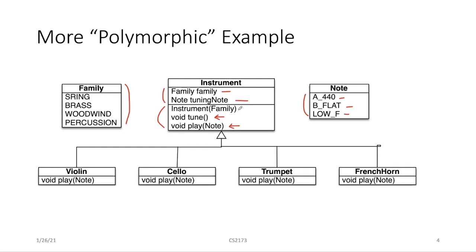The method that matches the class name is, of course, the constructor. What this says is that every constructor for an Instrument has to tell you what family it's from. It also specifies two methods, one called tune with no arguments, and another called play with an argument of Note.